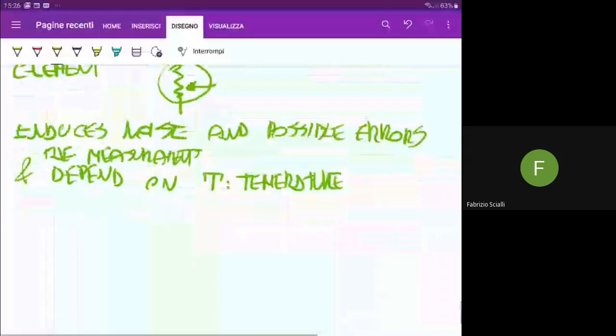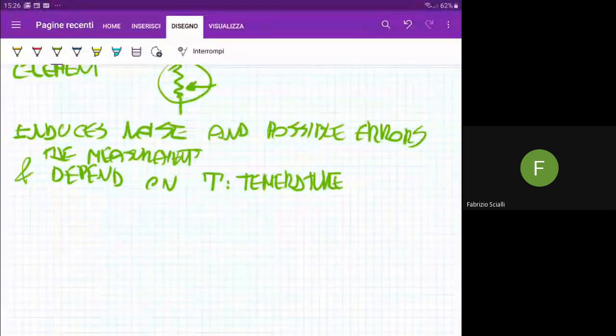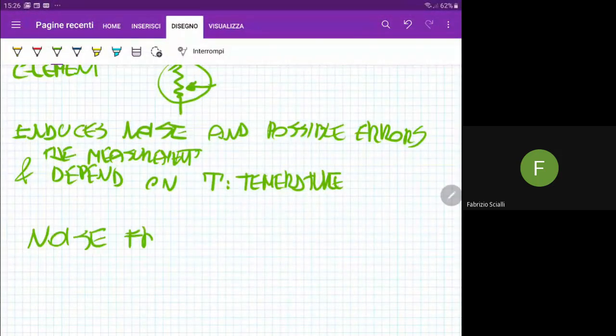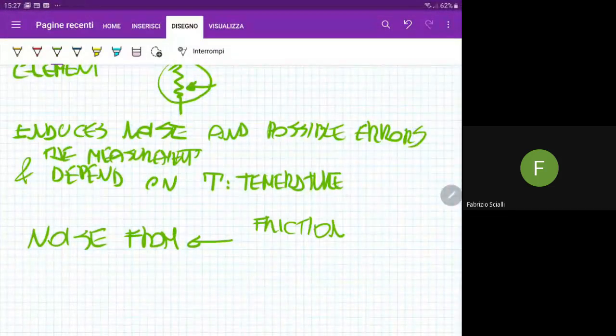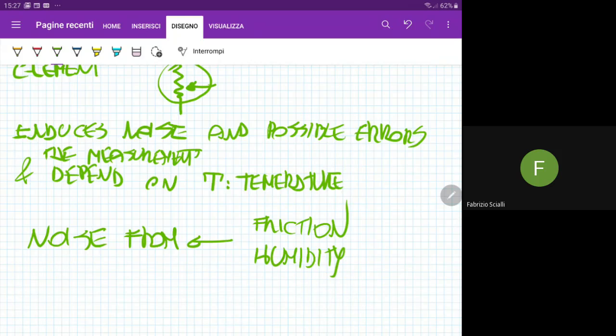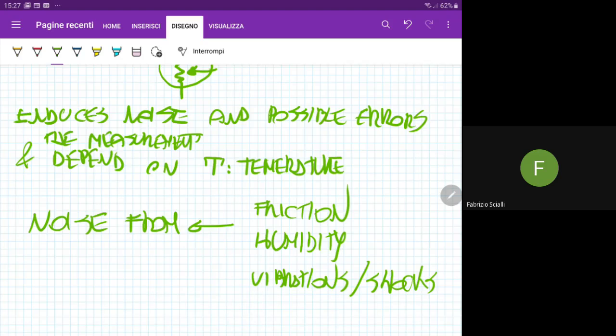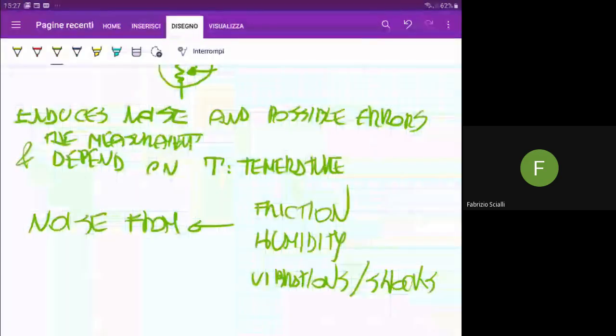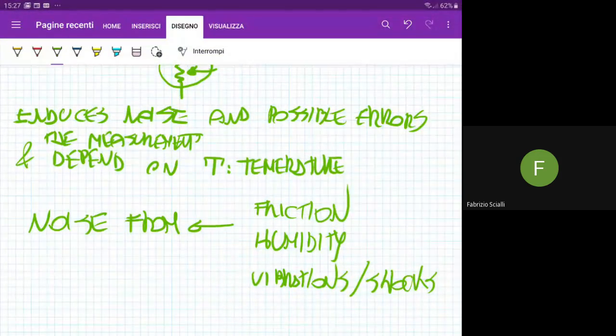From the noise point of view, we have to consider friction, humidity, vibration, shocks, unwanted vibrations and shocks. Of course, if you like to measure vibration, they are wanted. But there could be some noise induced from these unwanted physical operating conditions.